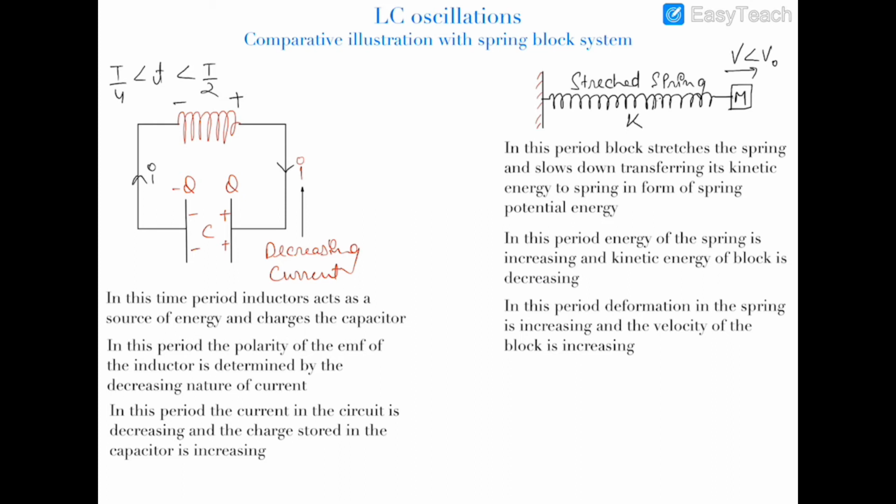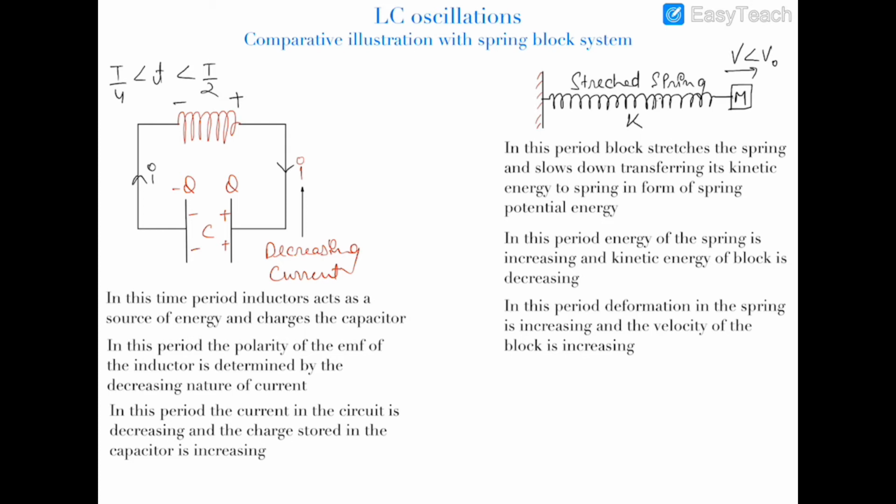So to support this decreasing current, the polarity would be reversed, and the positive terminal would now be at the right hand side and the negative terminal at the left hand side. And therefore, as this inductor would be acting as a source of voltage, a battery for this capacitor, the positive terminal would appear at this side of the capacitor and the negative terminal at this side, and the charge of the capacitor would be increasing.